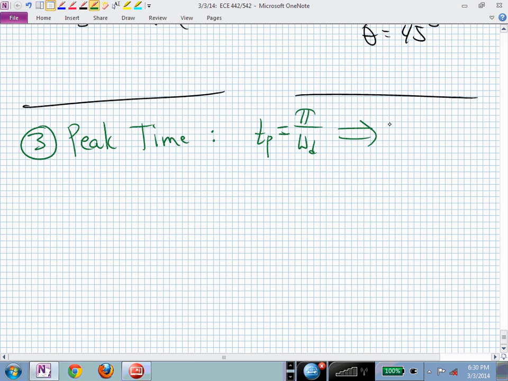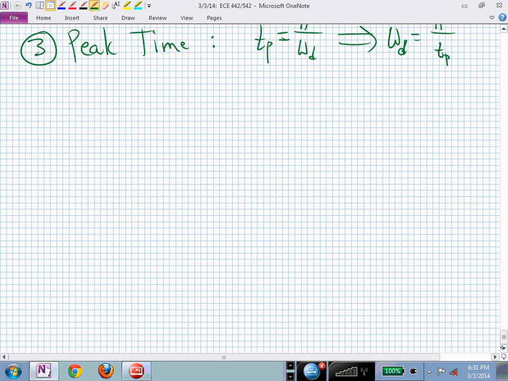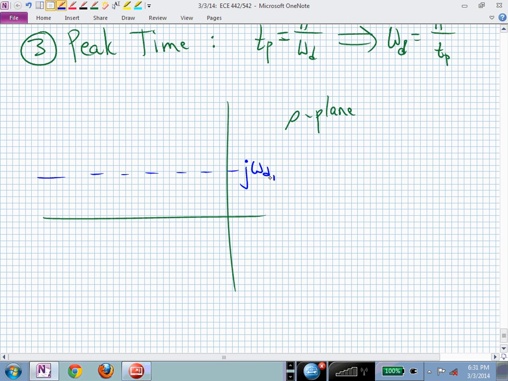Or, if somebody gives you the peak time, you can now calculate the imaginary component of your two complex pole pairs, or of your two poles that are complex conjugates of each other. In the S-plane, maybe somebody gives you a time to peak that corresponds to this vertical distance away from the real line.